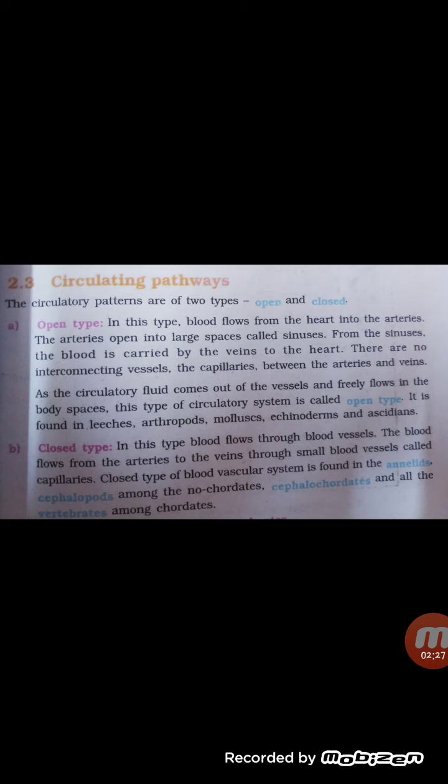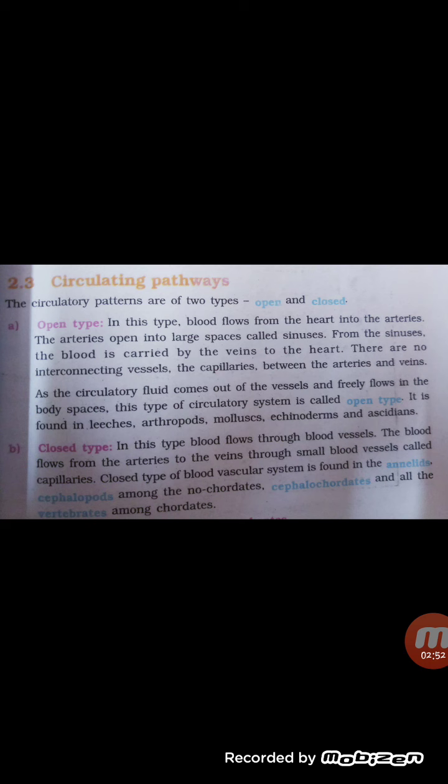In this type, blood flows through blood vessels. The blood flows from the arteries to the veins through small blood vessels called capillaries. Closed type of blood vascular system is found in annelids, cephalopods and all other vertebrates. So this is about circulatory pattern.